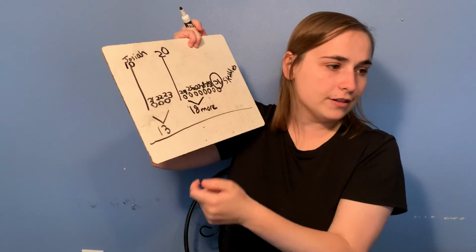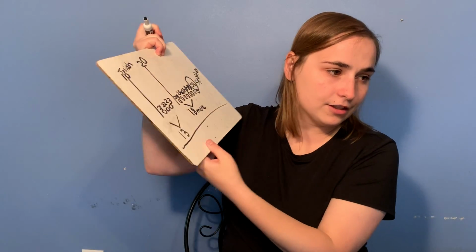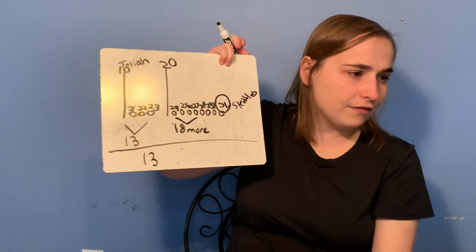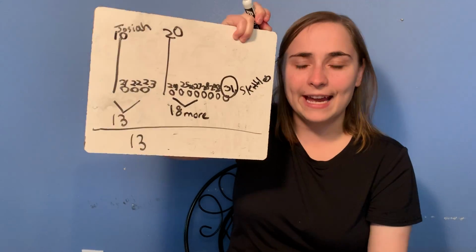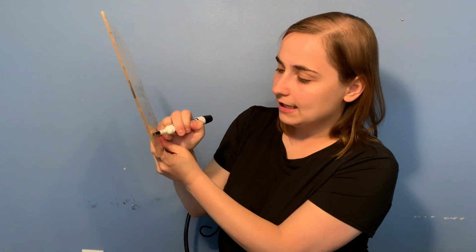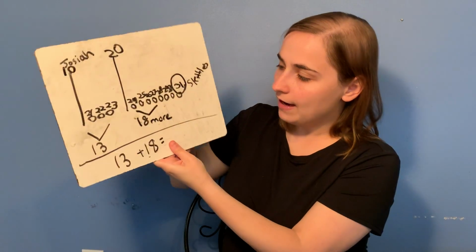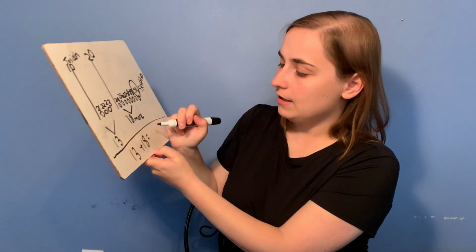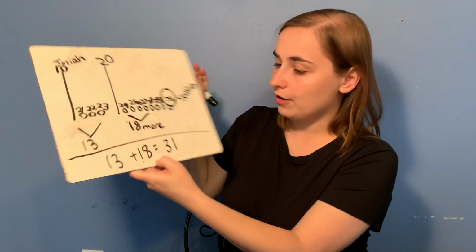So I know first, I had 13 to show Josiah's Skittles. But to figure out how many William had, I had to add 18 more. So I'll do 13 plus 18. When I found my total, I had 31. So 13 plus 18 equals 31.